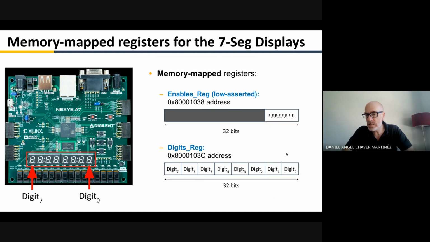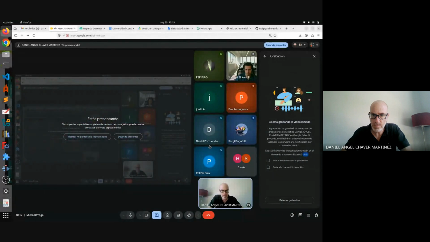Each 4 bits correspond to each of the 8 digits that we have on the board. So for example, digit 0 is a 4-bit signal that controls the value to show in this digit. Digit 1 will be a 4-bit value controlling the value to show in this digit, and so forth. And the enables register, which is low assertive, will control if each of the digits is on or off through 8 bits. Okay? Any question?